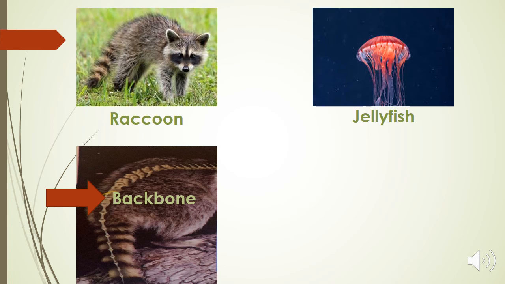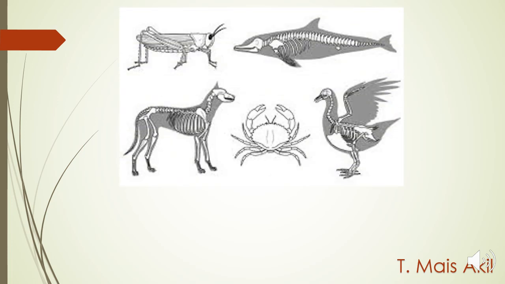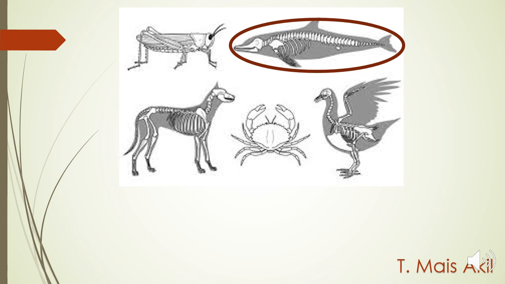Some animals have backbones, while here the jellyfish doesn't have a backbone. So some animals have backbones, while others don't. So in this way, identify the animals. As you see here, the dolphin has a backbone.